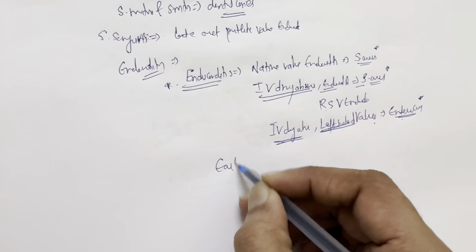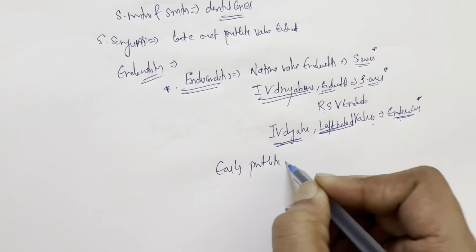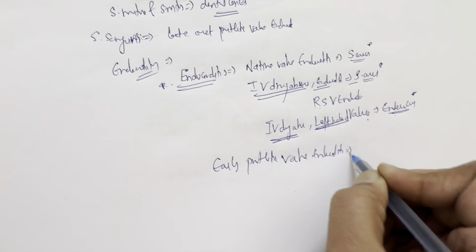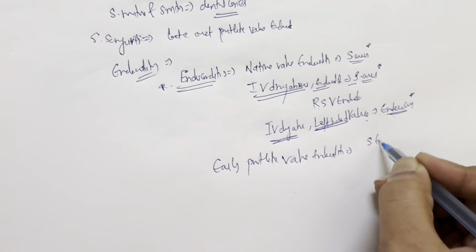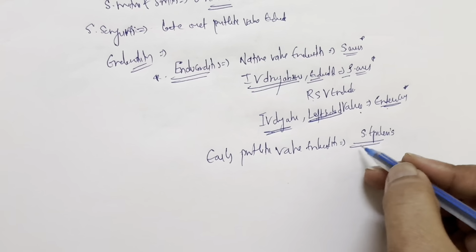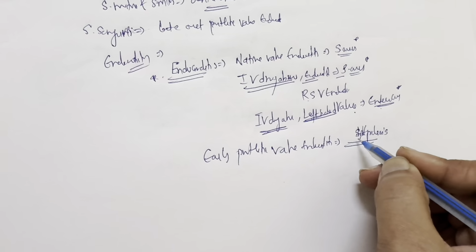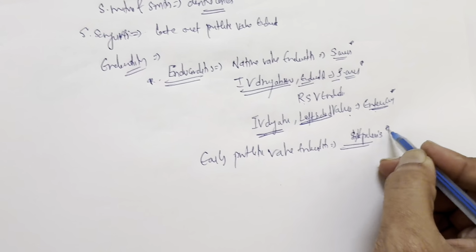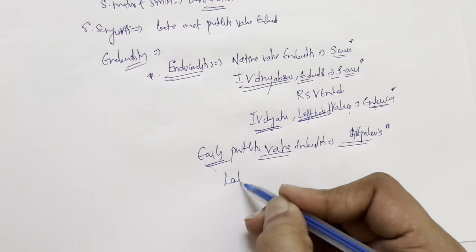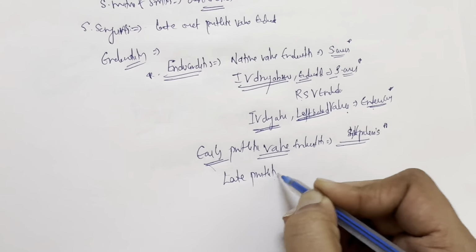Now, early prosthetic valve endocarditis: we discussed this yesterday, in my previous video when I was talking about Staphylococcus organisms. When there is Staph epidermidis, then it's early prosthetic valve endocarditis.